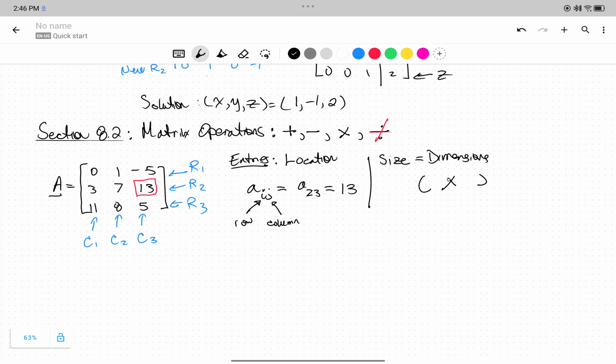How many columns does it have? And like we said, rows go first and columns go second. So how many rows does this thing have? 3. How many columns does it have? 3. So what's the size of this matrix? Well, it's a 3 by 3 matrix.